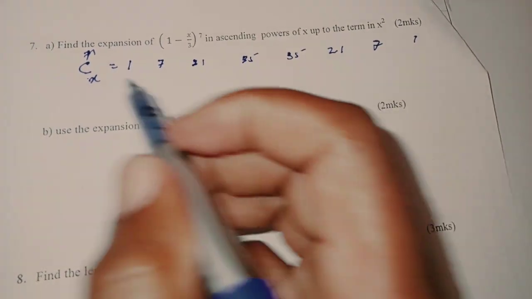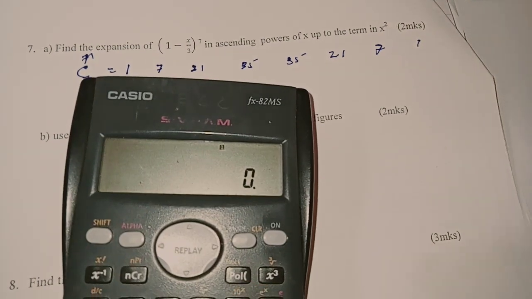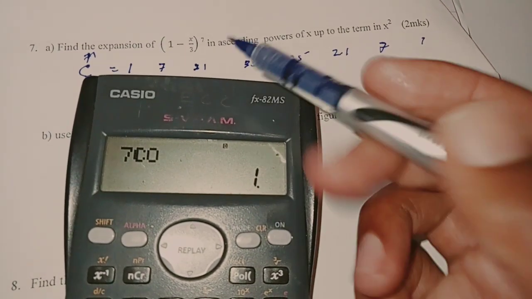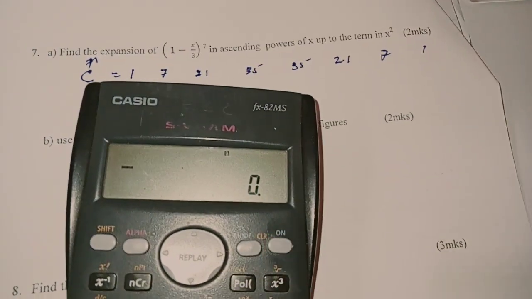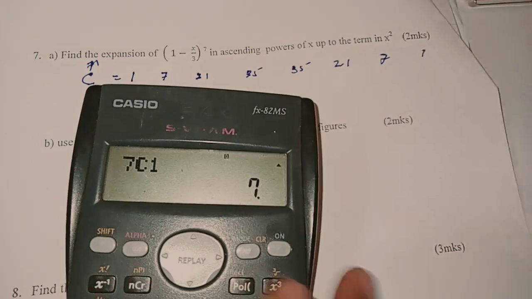For you to get these coefficients, you can also use your calculator here. You can say 7 choose 0, and that will give you the first entry. Then you go to 7 choose 1, it gives you the second entry, and so on.